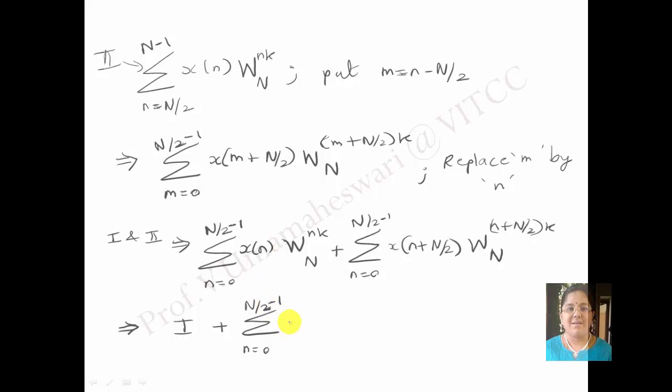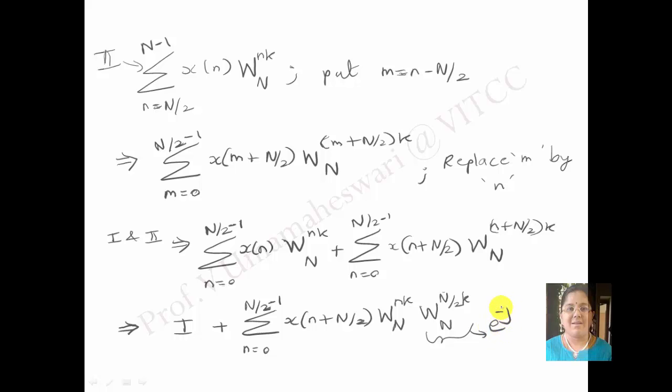x of n plus N by 2, W_N to the power nk into W_N to the power (N by 2)k. Now what is this W_N to the power (N by 2)k?